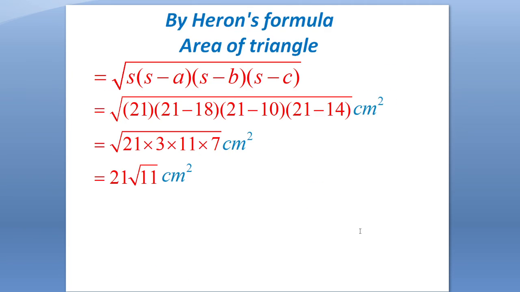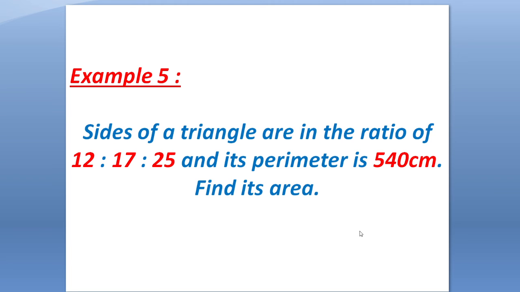Okay. Example number 5. Sides of a triangle are in the ratio 12, 17 and 25 and its perimeter is 540 centimeter.